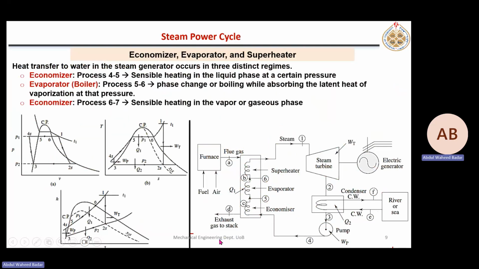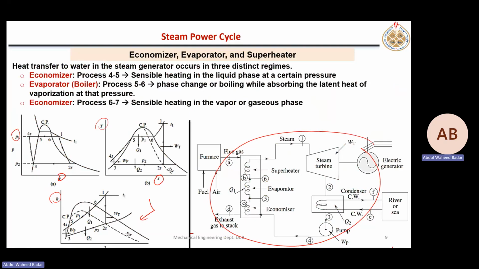Okay. Now here, the same process is shown on TS, PV, and here is another, HS. HS chart. Because in this course, I would want you to use this chart to save your time.